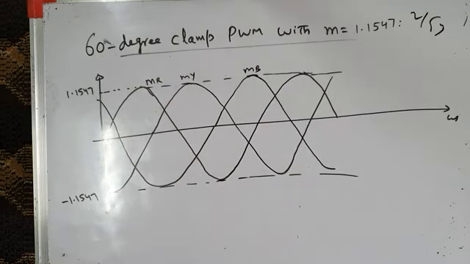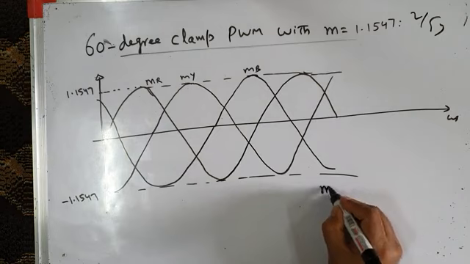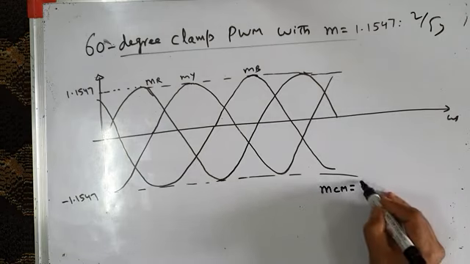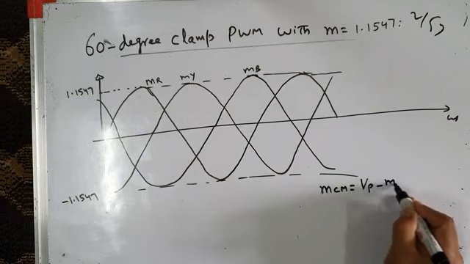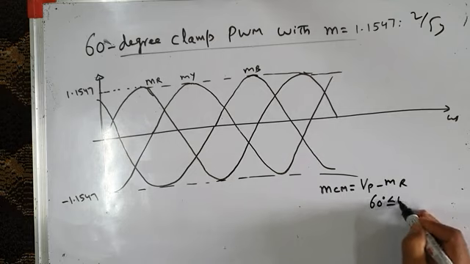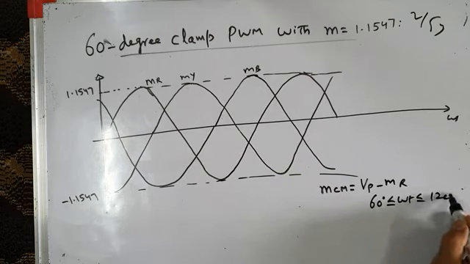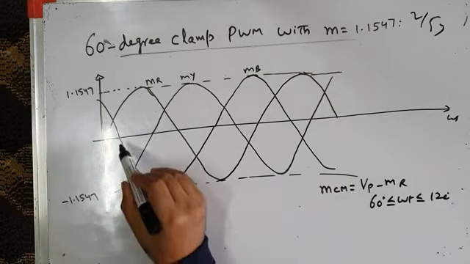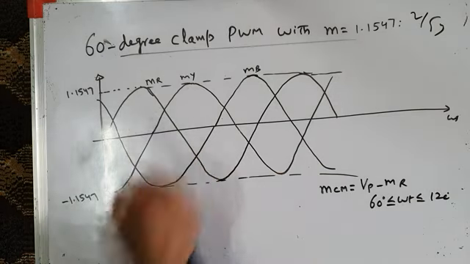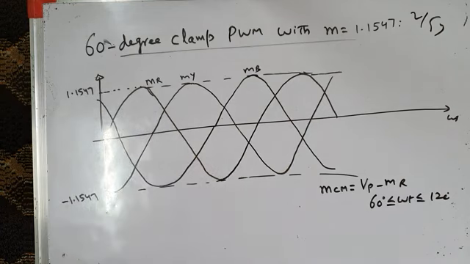Now I have to inject some common mode signal. How to calculate common mode signal? This common mode signal will be given by Vp minus Mr for a period of 60 degrees to 120 degrees. Because again, from 60 degrees to 120 degrees, Mr is having maximum value, and I want to clamp my phase leg R from 60 to 120 degrees, as it was done in the previous case.